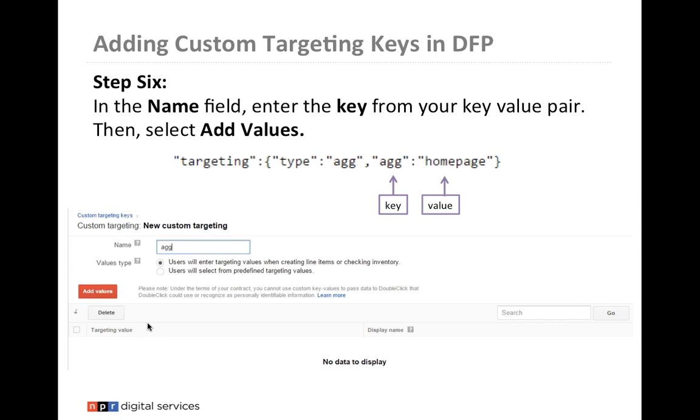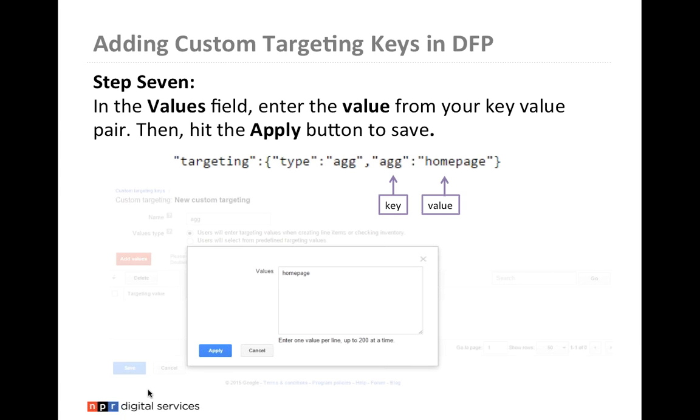So where it says name, you want to enter ag, and after you enter ag, you want to click add values. By clicking add values, it's going to give you the opportunity to enter in the value that you found. So your value is going to be home page. You want to type that right into the value section and click apply.